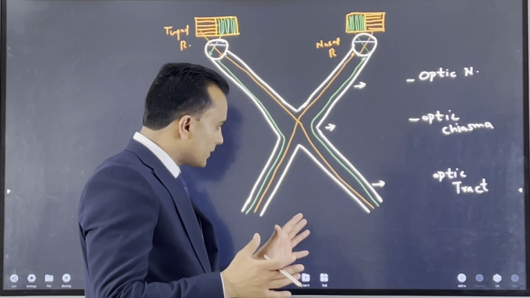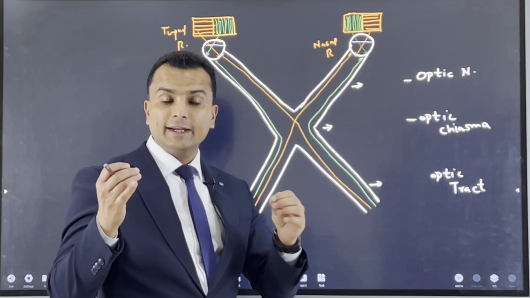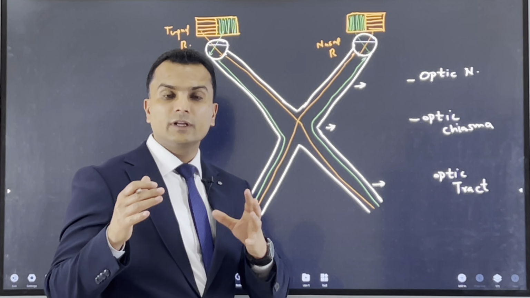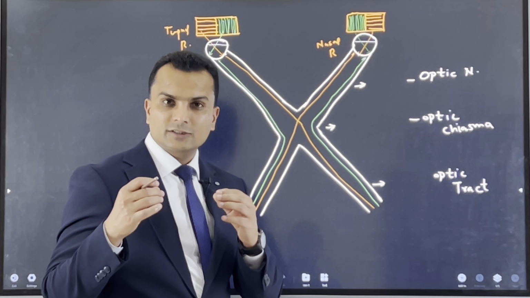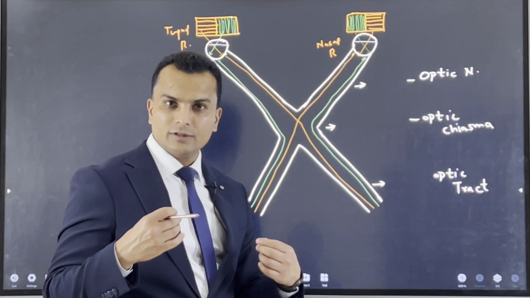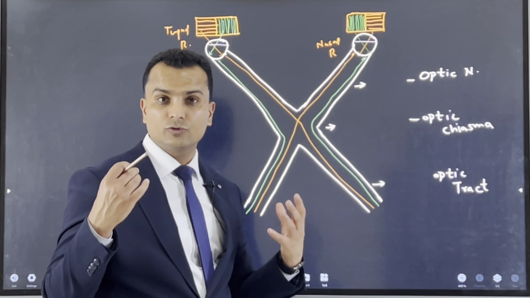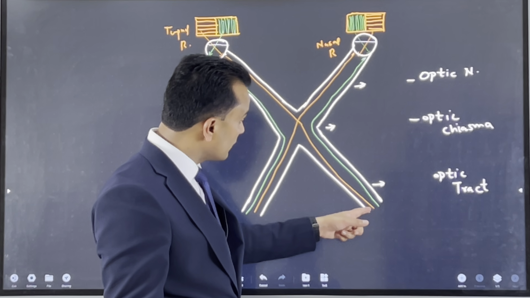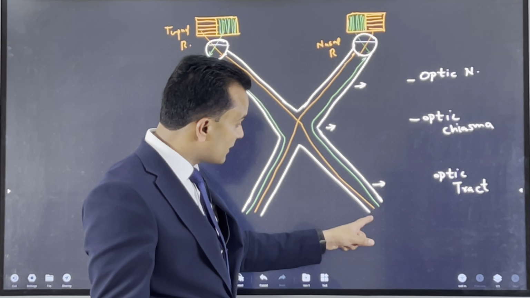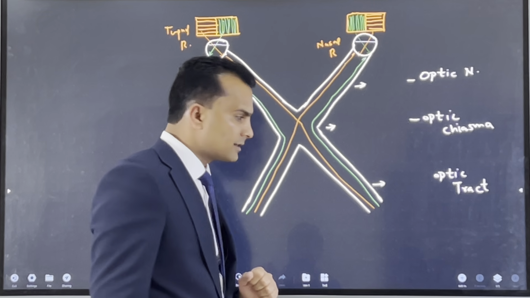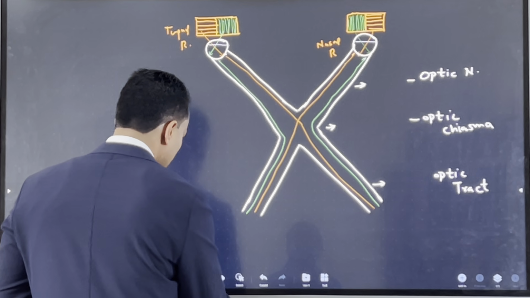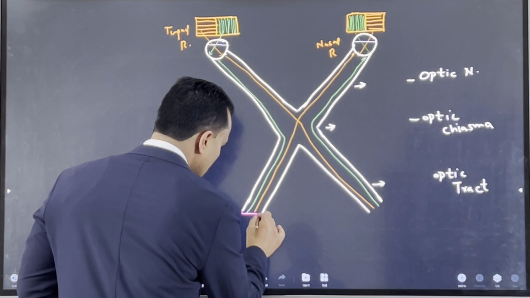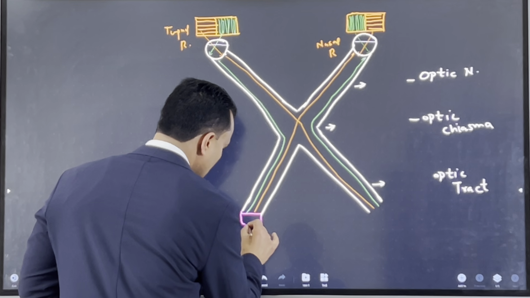From the optic tract the light enters the thalamus, and we know that the thalamus is a very important relay station for all sensory information coming to your cortex except smell. So what is the nucleus where these optic tract fibers are going to synapse? That is the lateral geniculate nucleus of the thalamus.